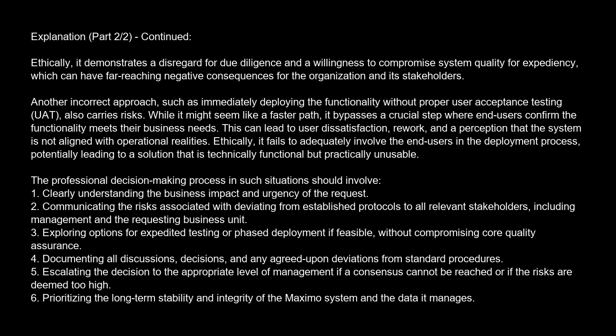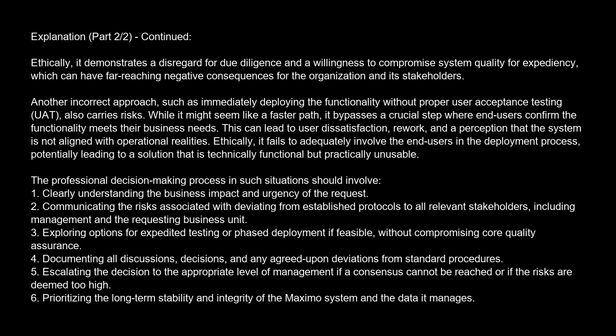The professional decision-making process in such situations should involve: 1. Clearly understanding the business impact and urgency of the request. 2. Communicating the risks associated with deviating from established protocols to all relevant stakeholders, including management and the requesting business unit. 3. Exploring options for expedited testing or phased deployment if feasible, without compromising core quality assurance. 4.